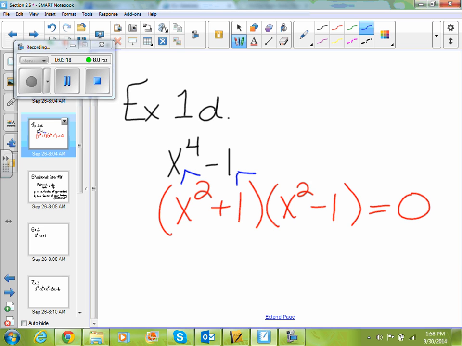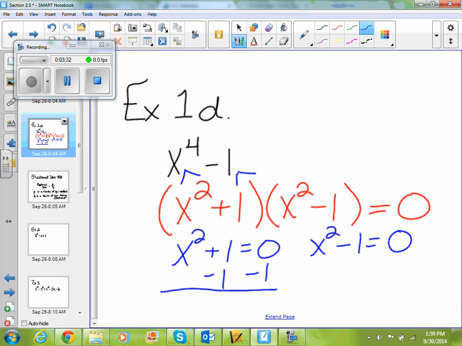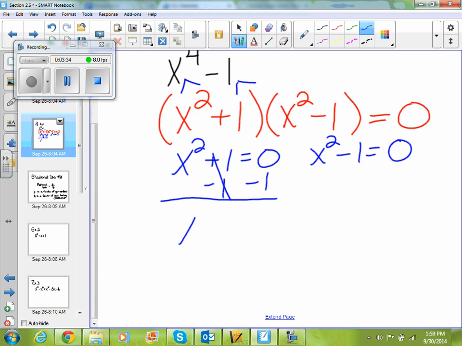Okay, then we know that x squared plus 1 equals 0 and x squared minus 1 equals 0. Then if we solve those for x, first thing we do is subtract 1 on one side, and add 1 on the other. So I get x squared equals negative 1, and over here x squared equals positive 1.